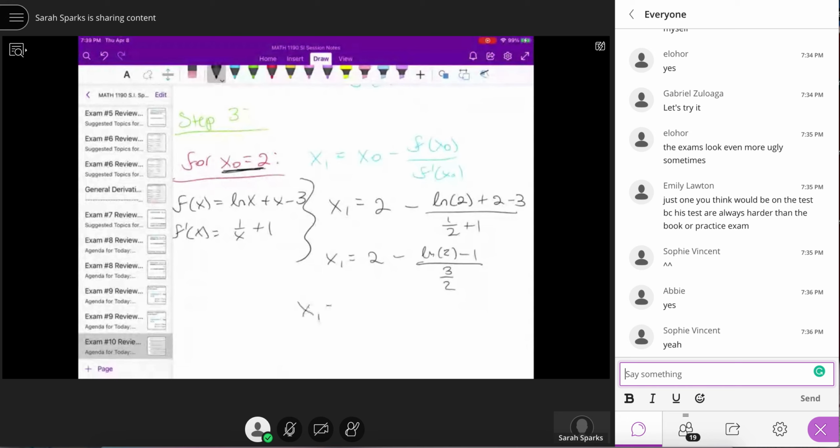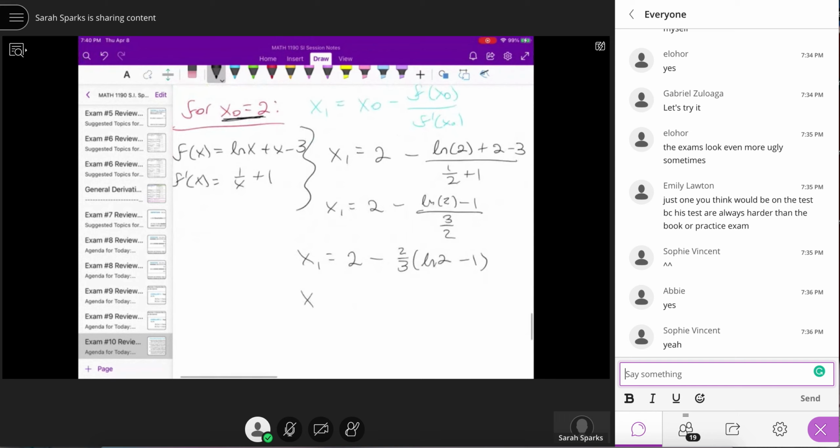So we get x1 is equal to 2 minus 2/3 natural log of 2 minus 1. x1 is going to equal 2 minus 2/3 natural log of 2 minus 2/3. We can rewrite 2 as 6 over 3.